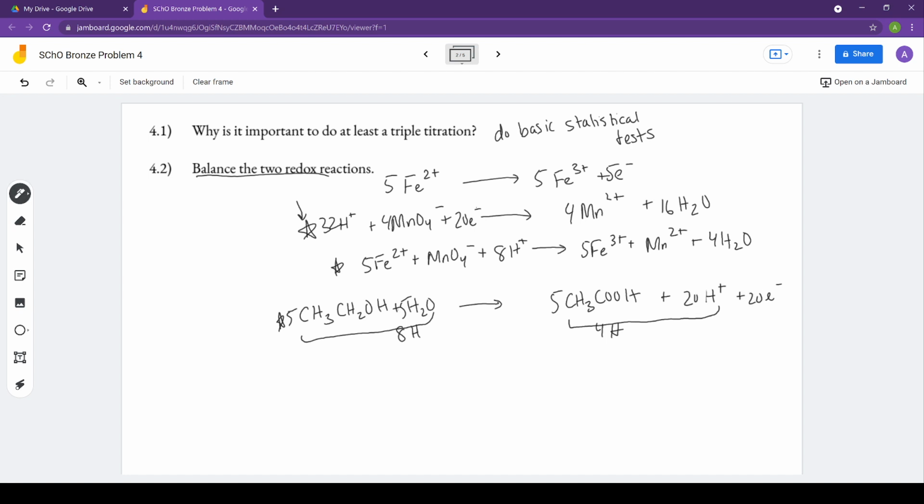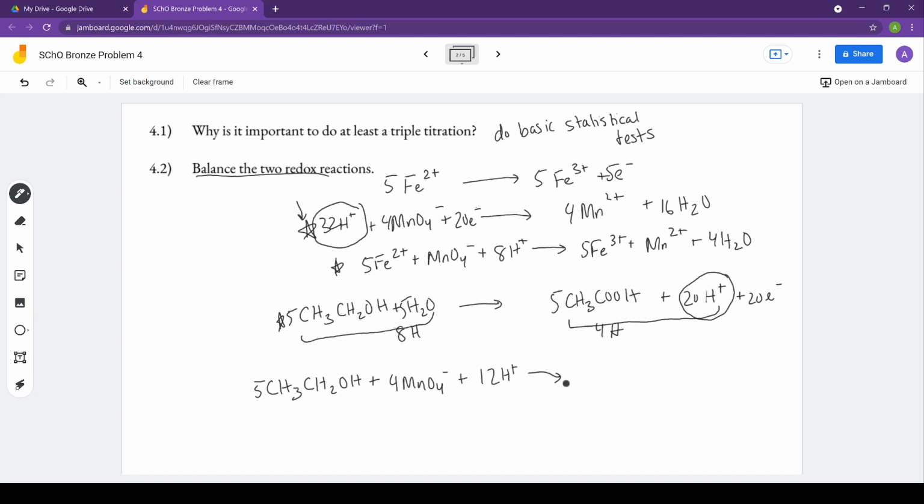Now we just got to add these together, which is a little bit tedious, but just hang with me. 5CH3CH2OH + 4MnO4- + 12H+. So how do we get the 12H+? We have 20 on the right side here, but we have 32 on the left side here, so they're canceling out.